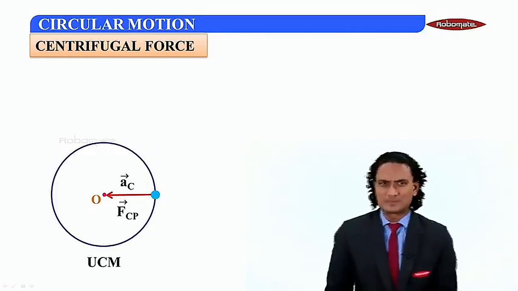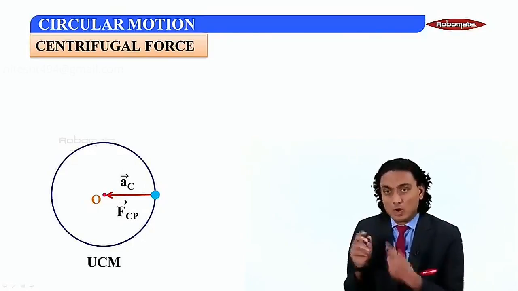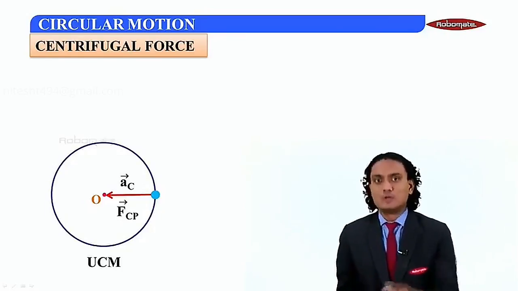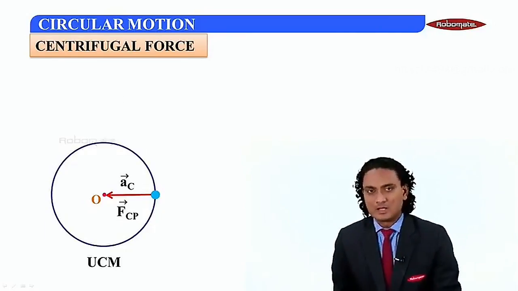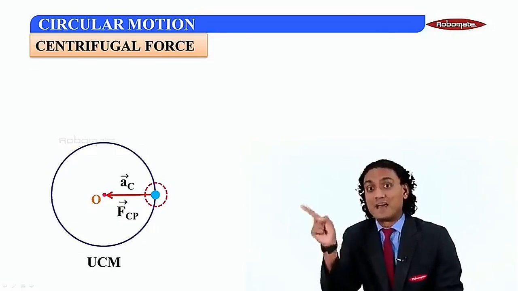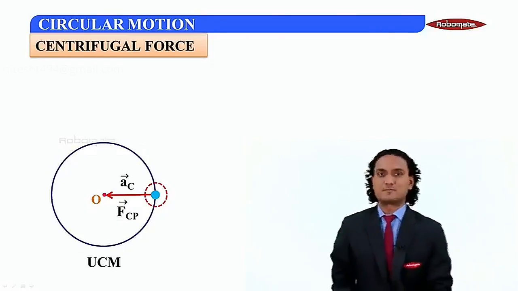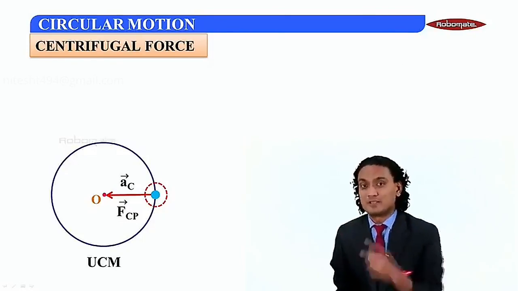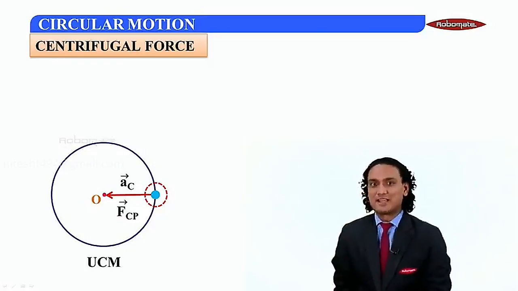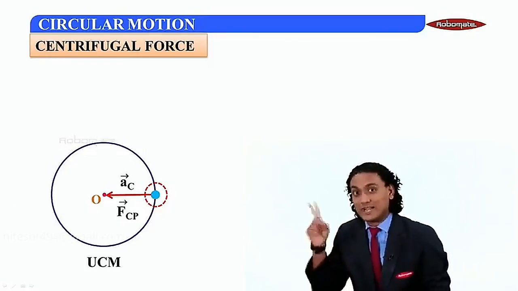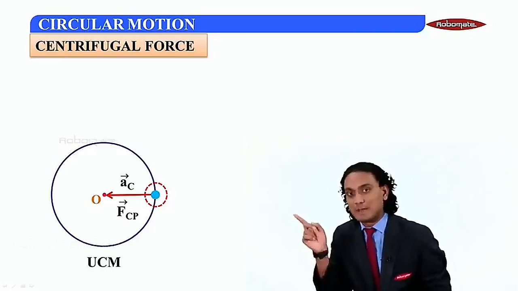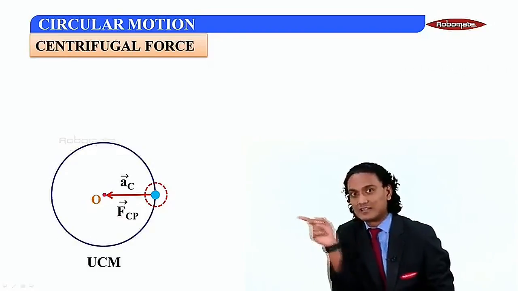Now students, let us say you are observing this, and you are in an inertial frame. Now, if you take the particle as the frame of reference, particle as the frame of reference means you go into the particle and then you observe. So if you take the particle as the frame of reference, what will happen? The particle is accelerating, there is an acceleration.